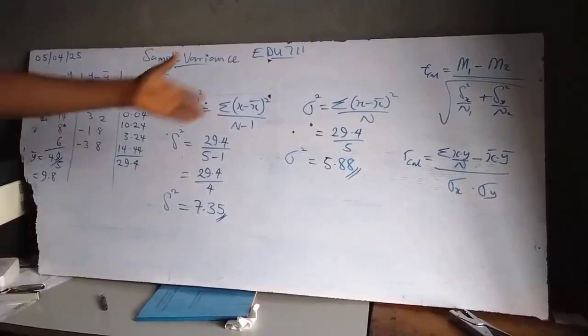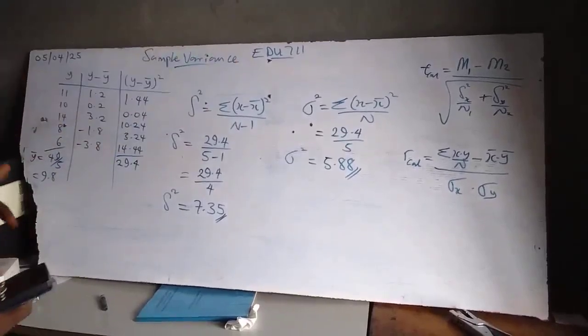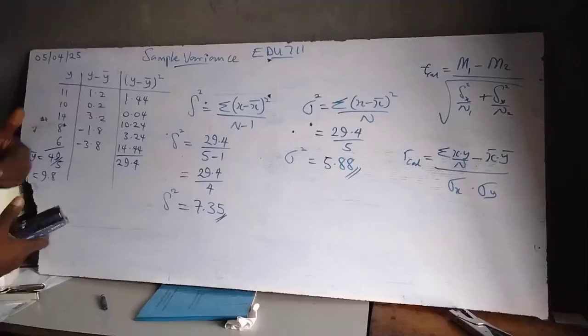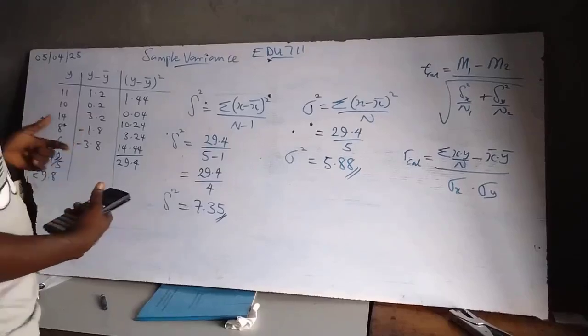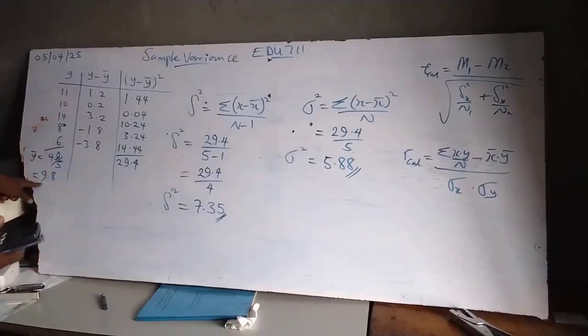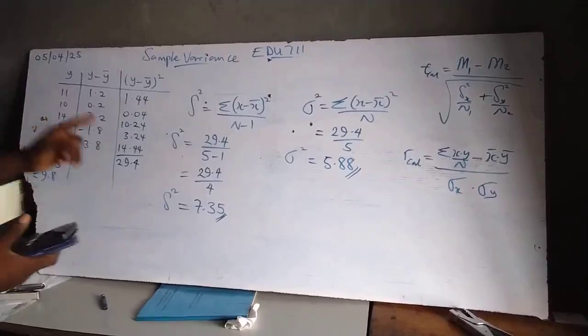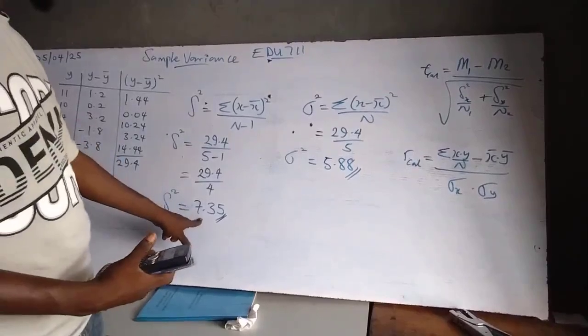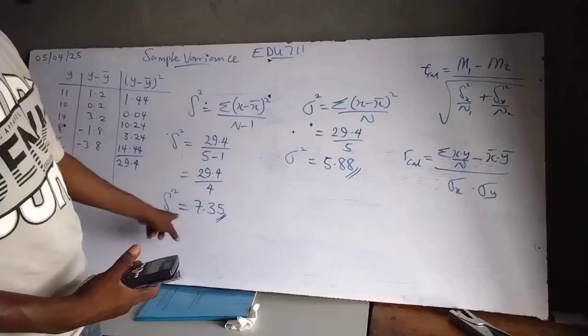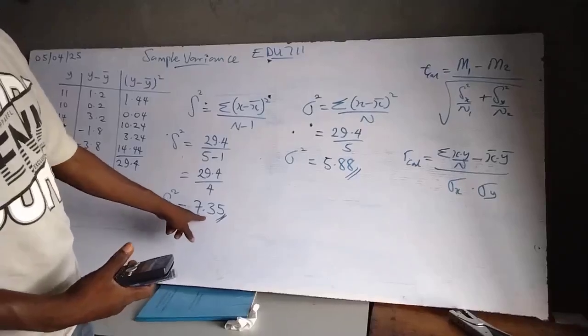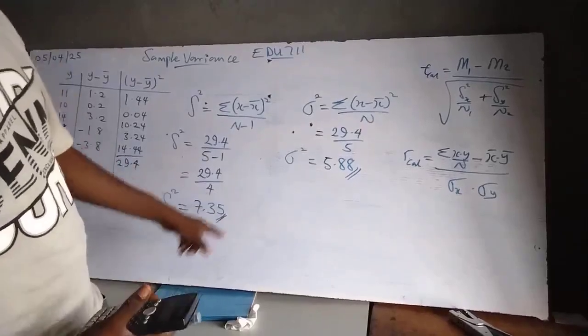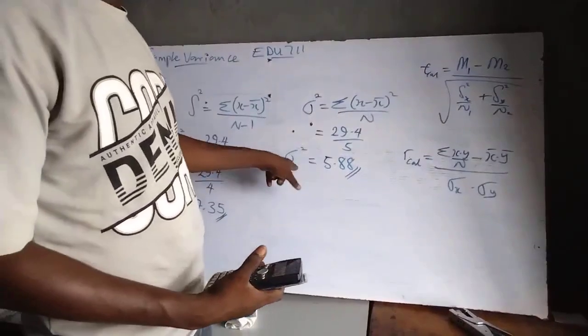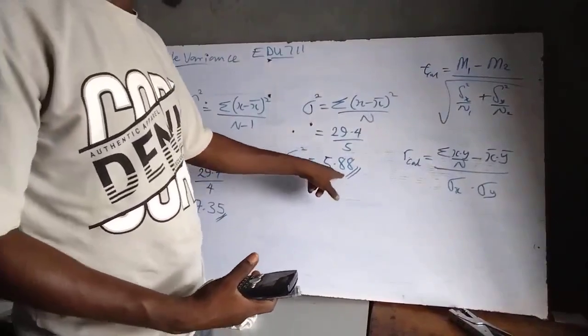Since we have these values here, let's check, by using the calculator, which is a faster way, if we are going to get the same mean, which is 9.8, the same sample variance, which is 7.35, and the same population variance, which is 5.88.